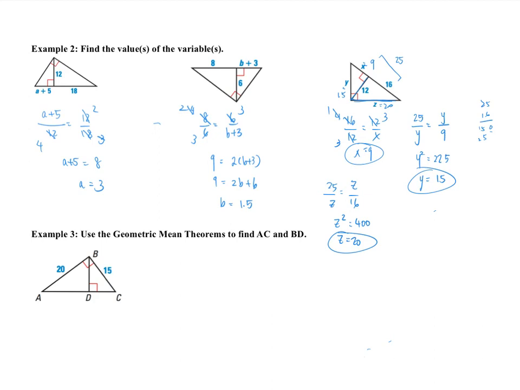Example 3, use the geometric mean theorems to find AC and BD. In this case, we first use the Pythagorean theorem to find AC. So that's 20 squared plus 15 squared equals AC squared. So AC equals 25.